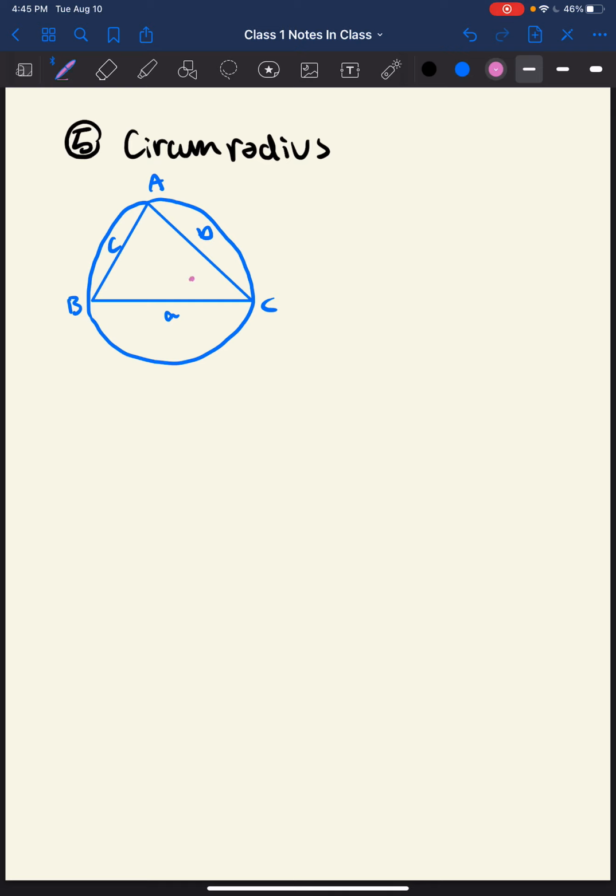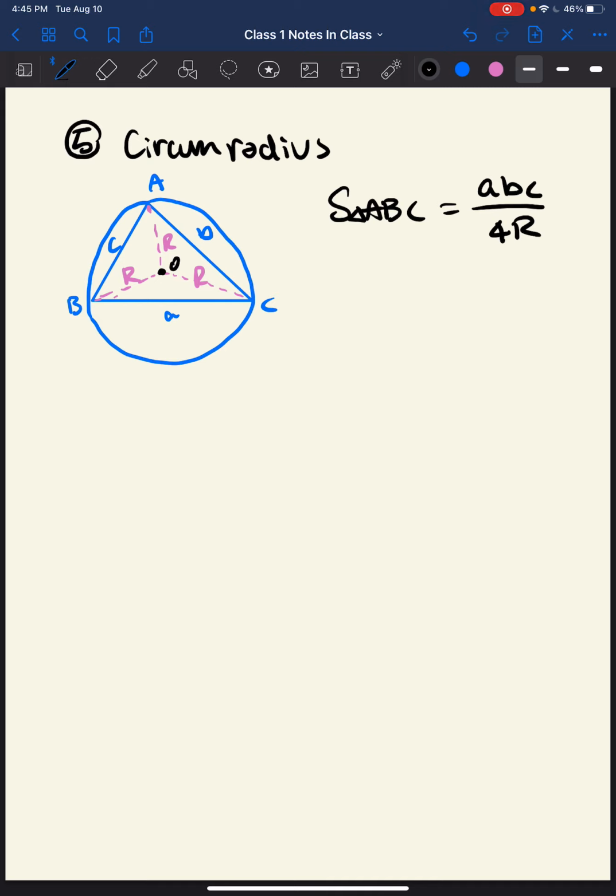And here is the circumradius. Sorry, I keep saying things wrong. The circumradii should all be equal. This is O.